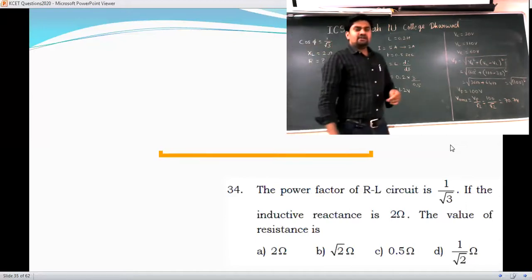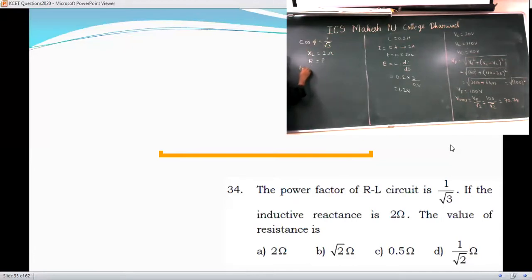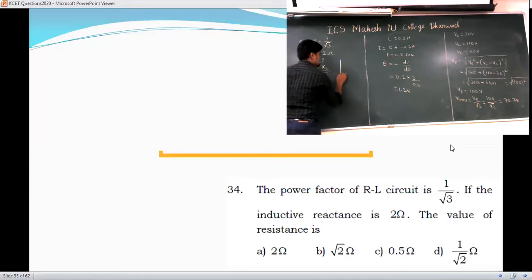When you see the theory part, we have the formula tan phi is equal to XL upon R. Now XL we know, but we don't know the value of R. So by taking tan phi, we can calculate the value of R. If you take the triangle here, this will be the hypotenuse, here it is opposite, and this is the adjacent.